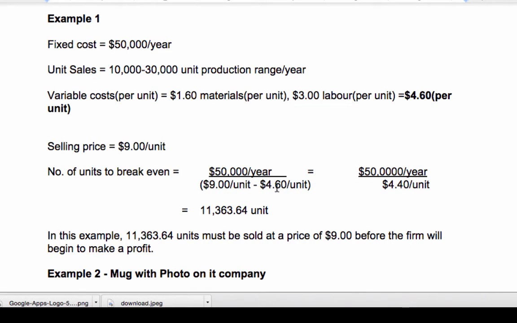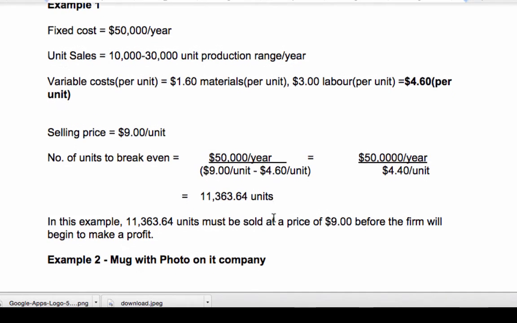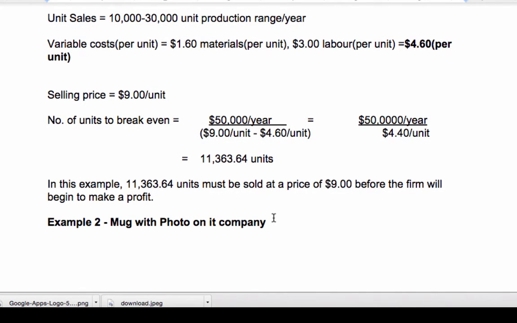So $9 minus $4.60 is $4.40, and we divide 50,000 by that $4.40. And therefore you come up with 11,363.64 units. That's how many units you'll have to sell before your company is going to start making a profit because of that $50,000.